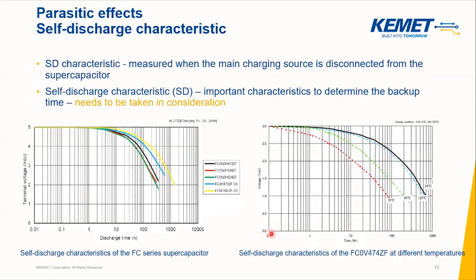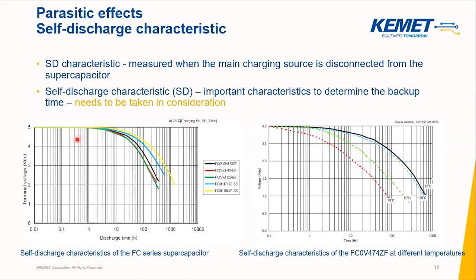Another parasitic effect that plays a role in your decision for choosing the supercapacitor is the self-discharge characteristic. The self-discharge characteristic is measured when the main charging source is disconnected from the supercap, so it is in the discharging situation.